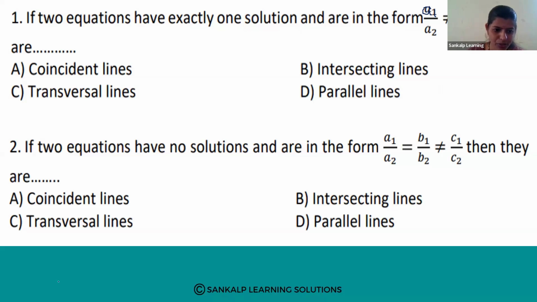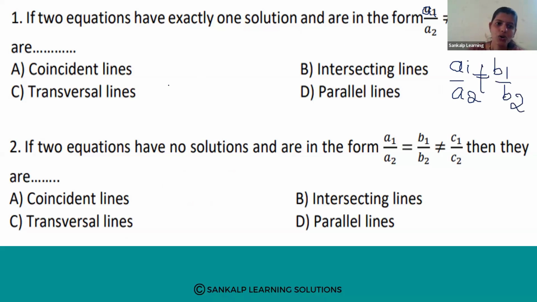In an MCQ, what should we look at? We must read the question correctly. How many solutions are there? Only one solution. That means one solution, that is, unique. So then what will the result be? You will get the result A1 divided by A2 is not equal to B1 divided by B2, as they have given.